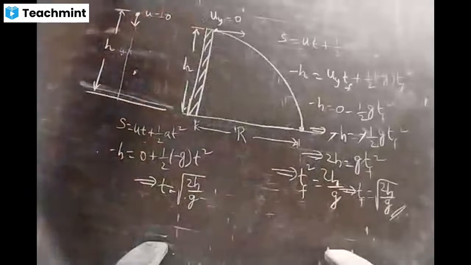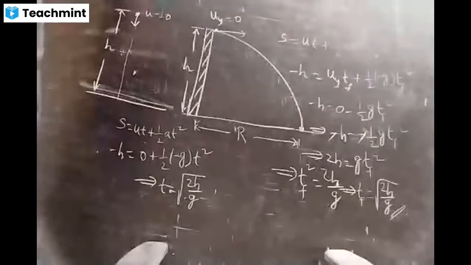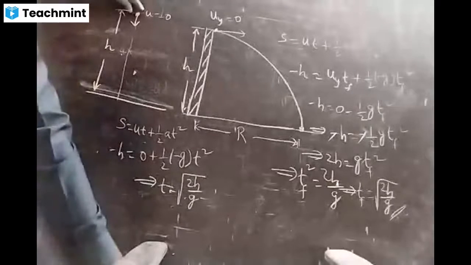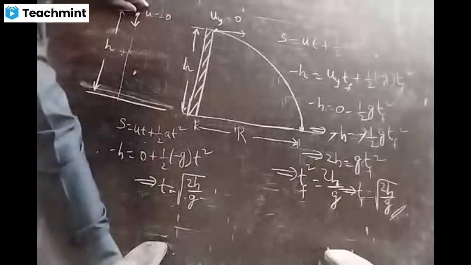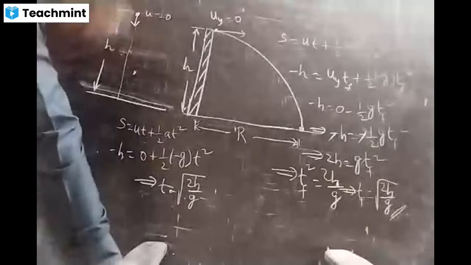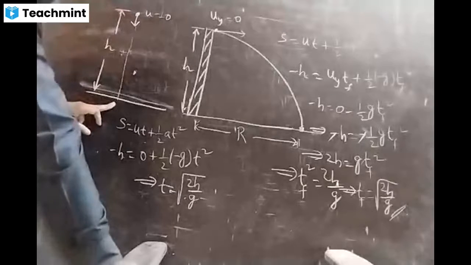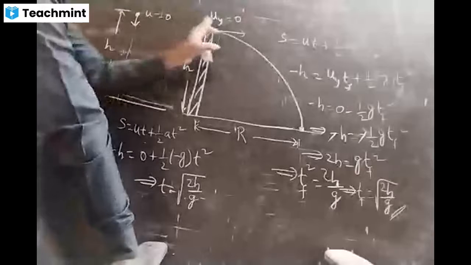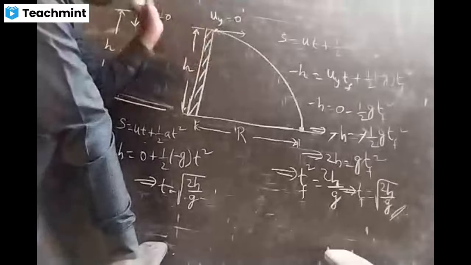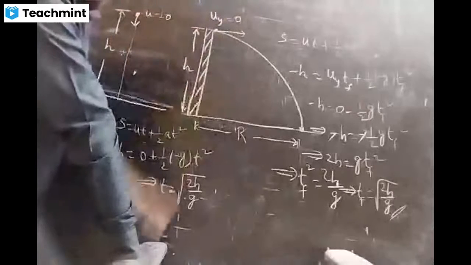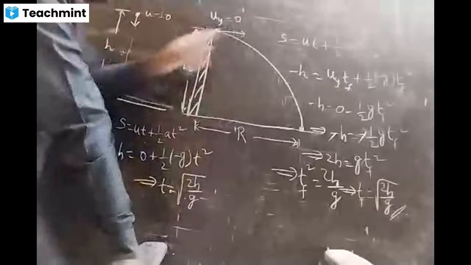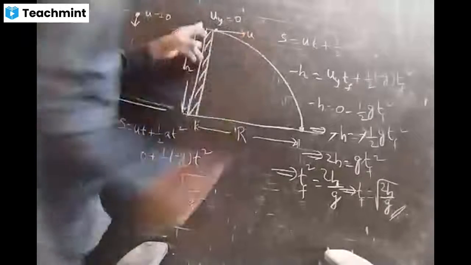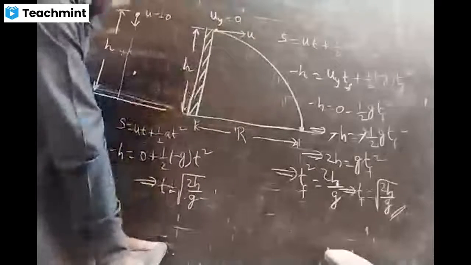A very important point to be noted here: a particle is dropped from a height h, and another particle is thrown horizontally with a velocity u from the top of a tower of height h.